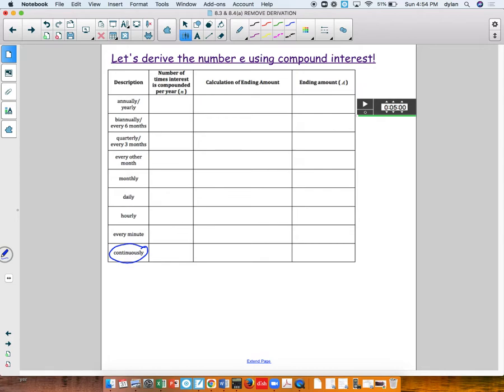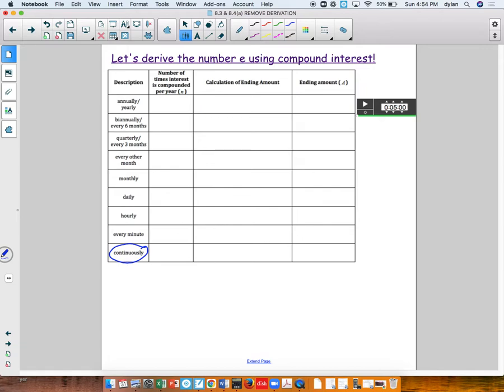We're going to see if we can figure out where the number E comes from, and then use that to do a more formal derivation of E. And in the process, we can also figure out the formula for compound interest.